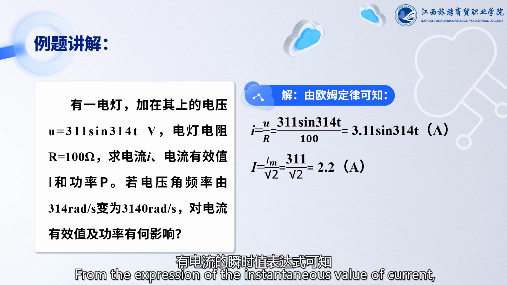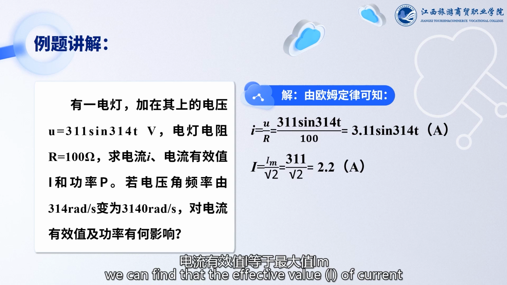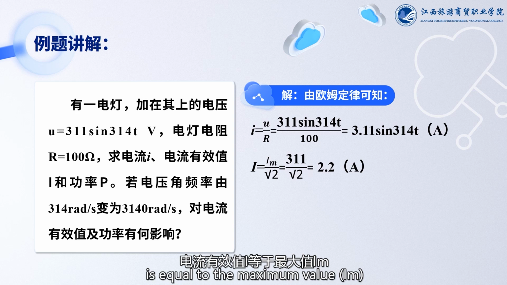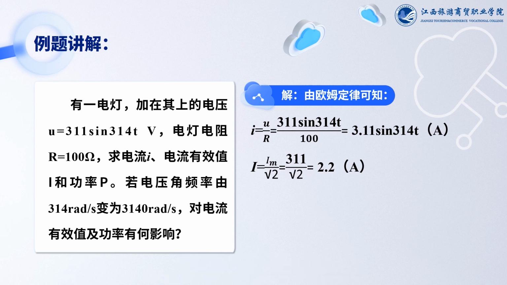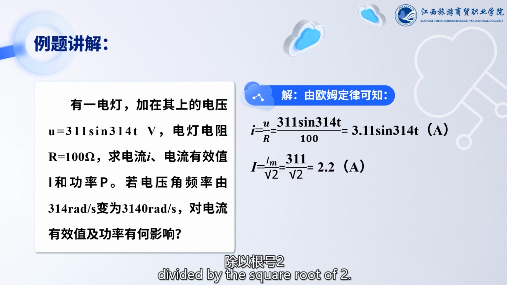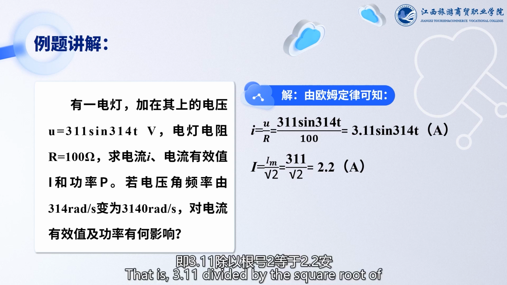From the expression of the instantaneous value of current, we can find that the effective value I of current is equal to the maximum value Im divided by the square root of 2. That is, 3.11 divided by the square root of 2 equals 2.2 amps.